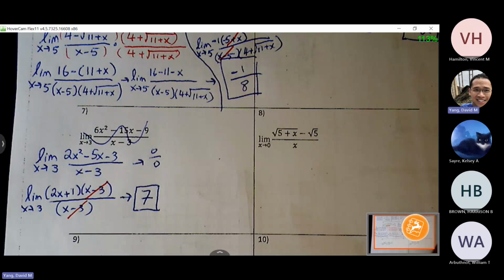Okay, number 8. Okay, so number 8 is going to feel very much like number 5, maybe a little cleaner without that looking for x minus 5 there.